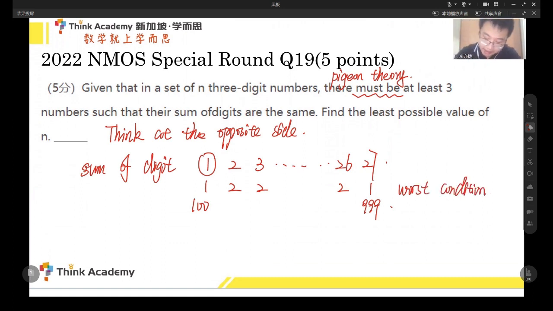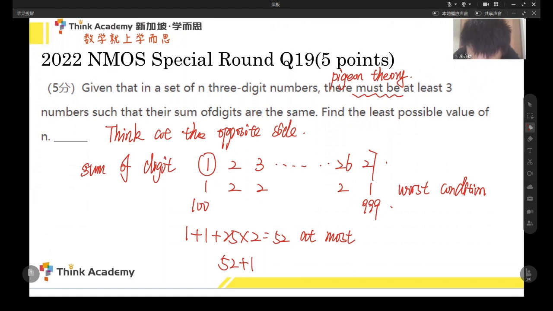So in the worst case, we will have 1 plus 1, plus 25 times 2, so totally 52 numbers at most that do not have 3 numbers as asked. So if we want to guarantee what we need, we just plus 1 to the worst condition.